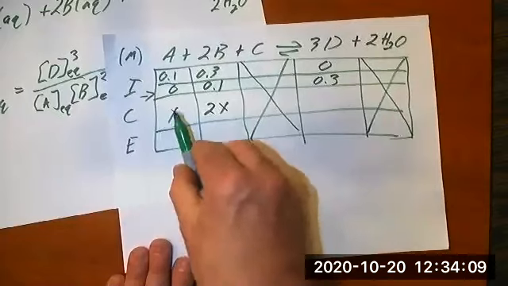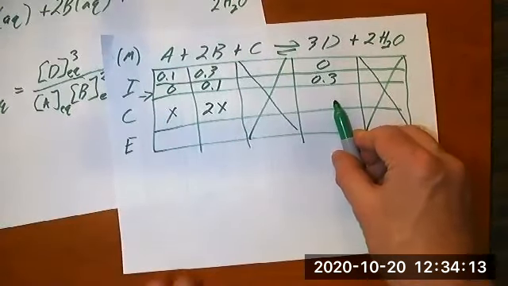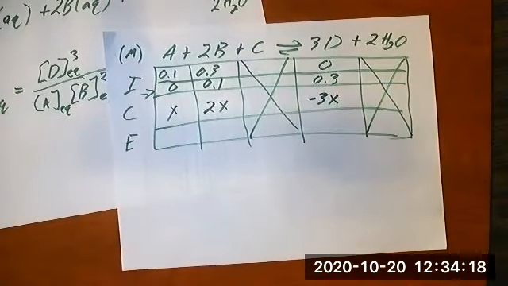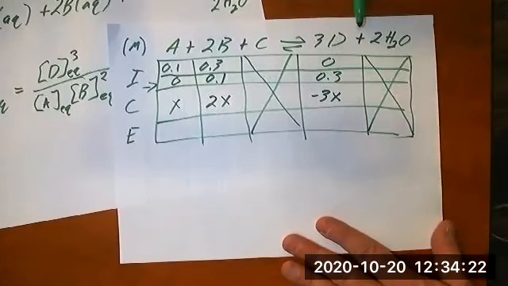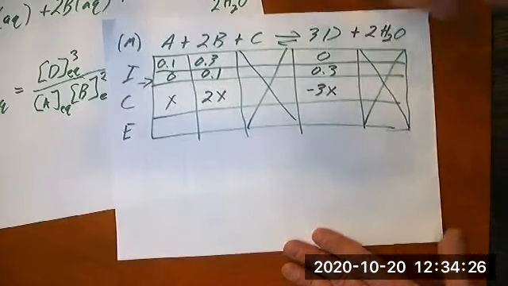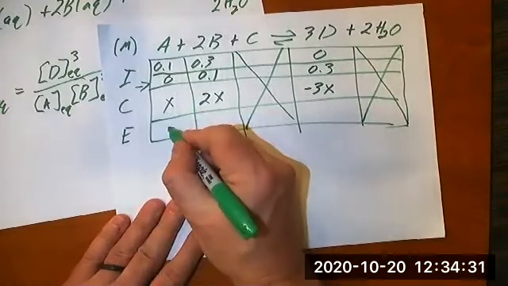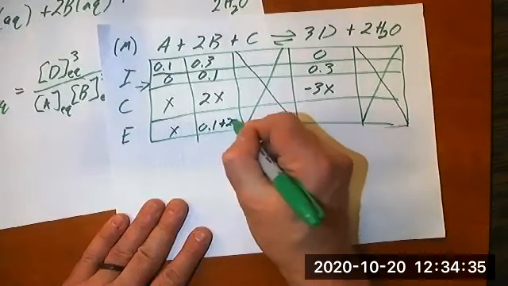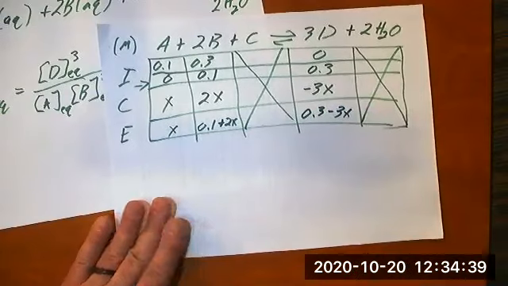If this goes up by x, what happens to D? Goes down by 3x, right. So what you have now in this situation, just from the stoichiometry, is how much it shifts as it goes to equilibrium. Our E line's the one we don't even have to think about, we just add it down. x, 0.1 plus 2x, 0.3 minus 3x.